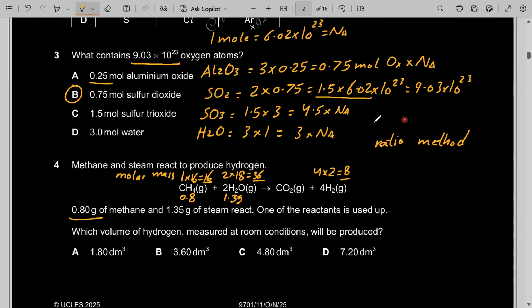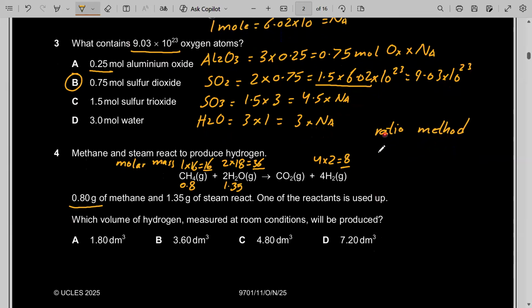The ratio method is first of all between methane and hydrogen gas. Methane is CH4. So I will first use the value of molar mass, which is 16 for the methane, and for H2, it is 8.